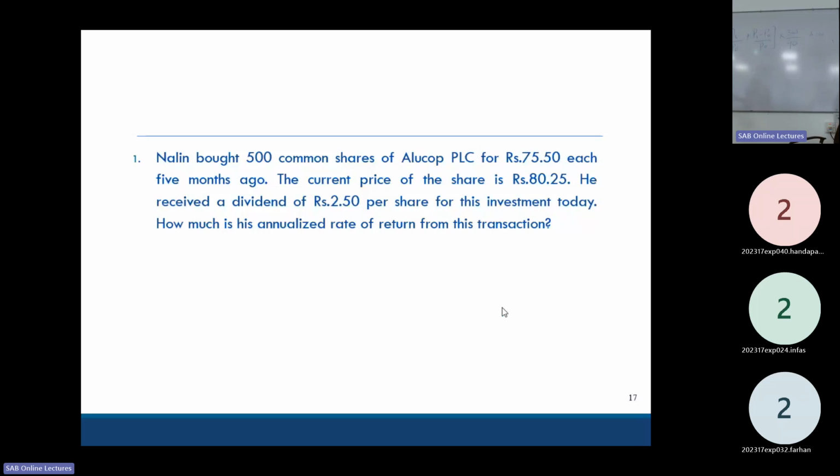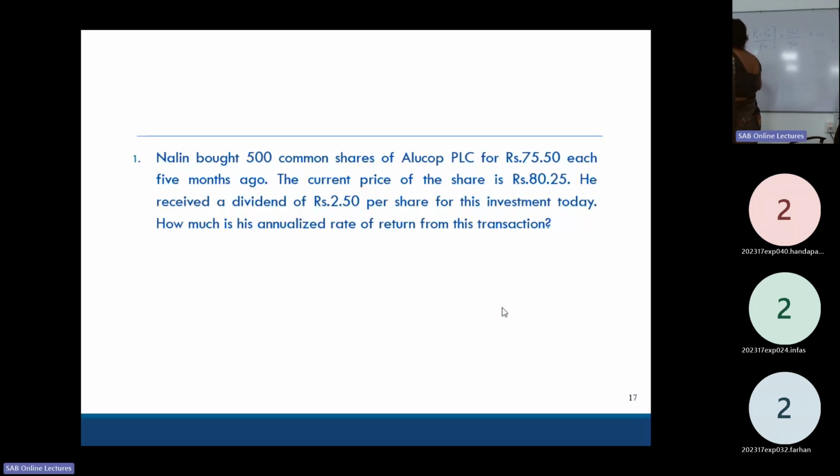Today, Nalin receiving dividend, so that is included in your holding period. So dividend yield is equal to 50 divided by the initial cost of the investment, the P0, which is 75.50.